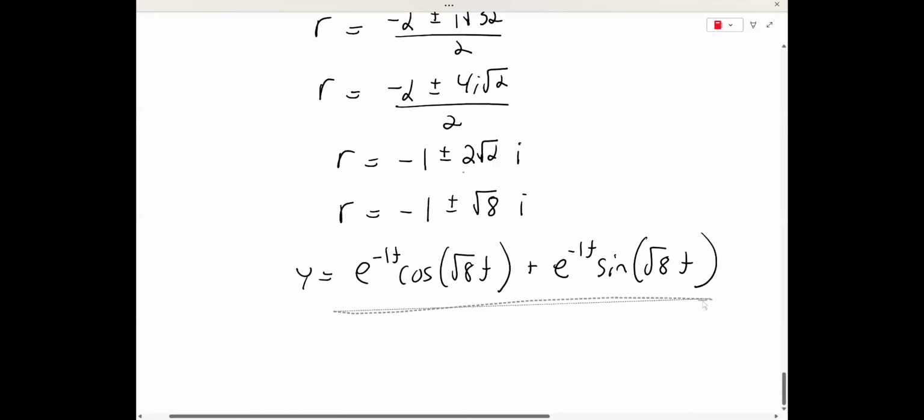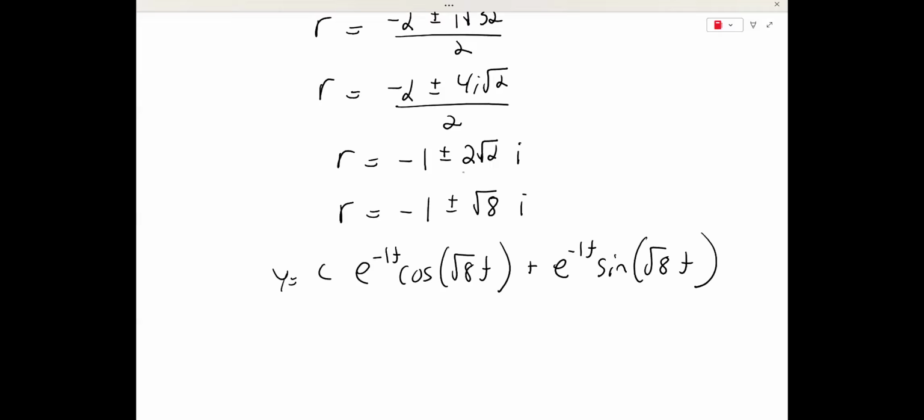This is the same as this here. Okay, so that goes like that. Oh, I forgot something. My C's. There's a C1 and a C2 here. I'll put those out here.